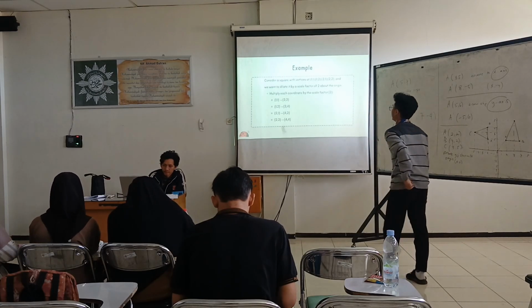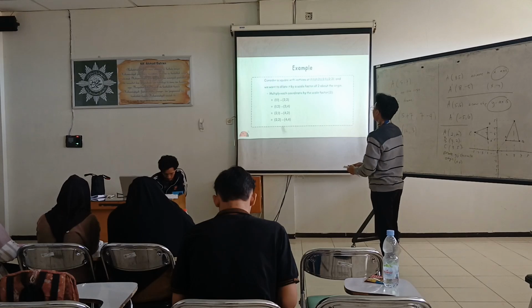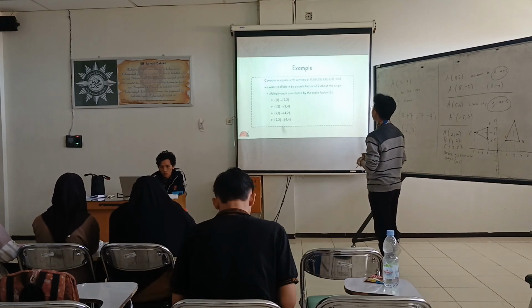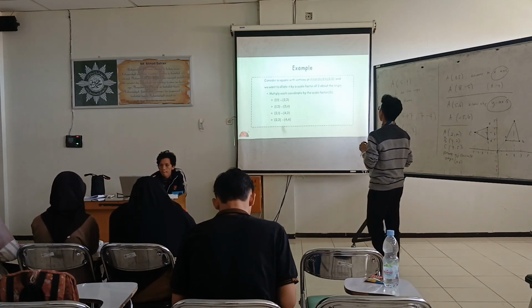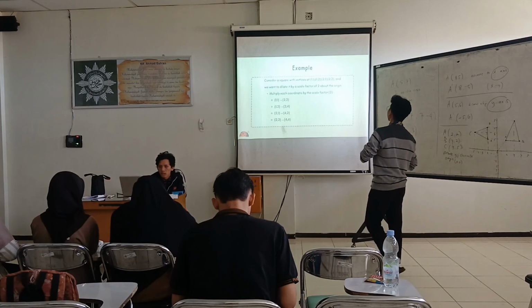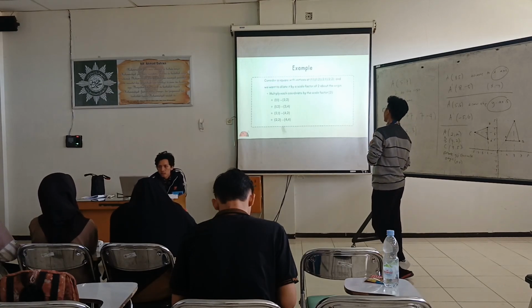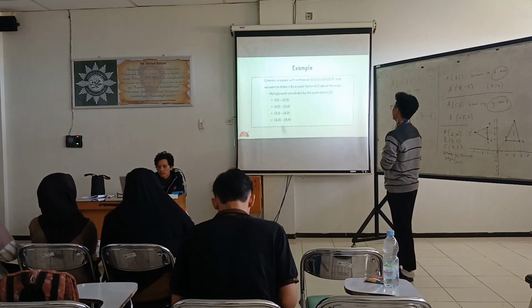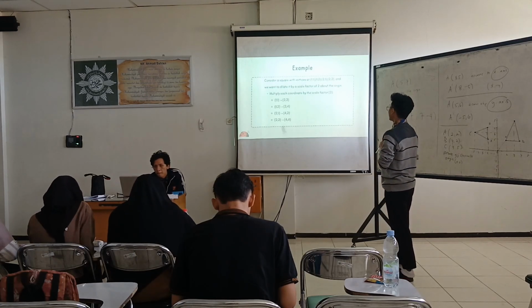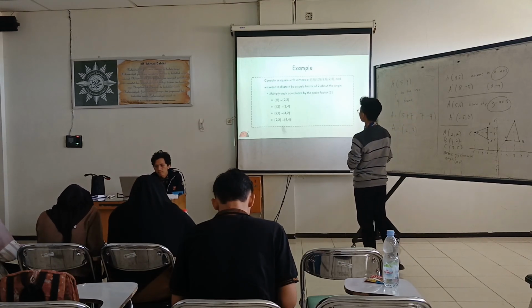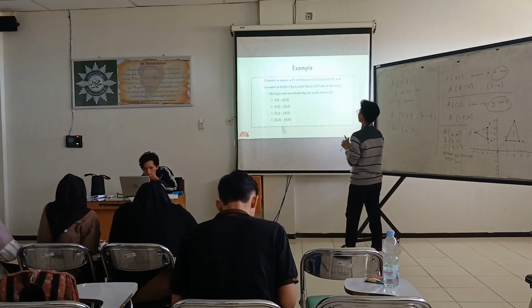For example, consider a square with vertices at (1,1), (1,2), (2,1), and (2,2), and we want to dilate it by a scale factor of 2 about the origin. So the first step is to multiply its coordinates by the scale factor 2.